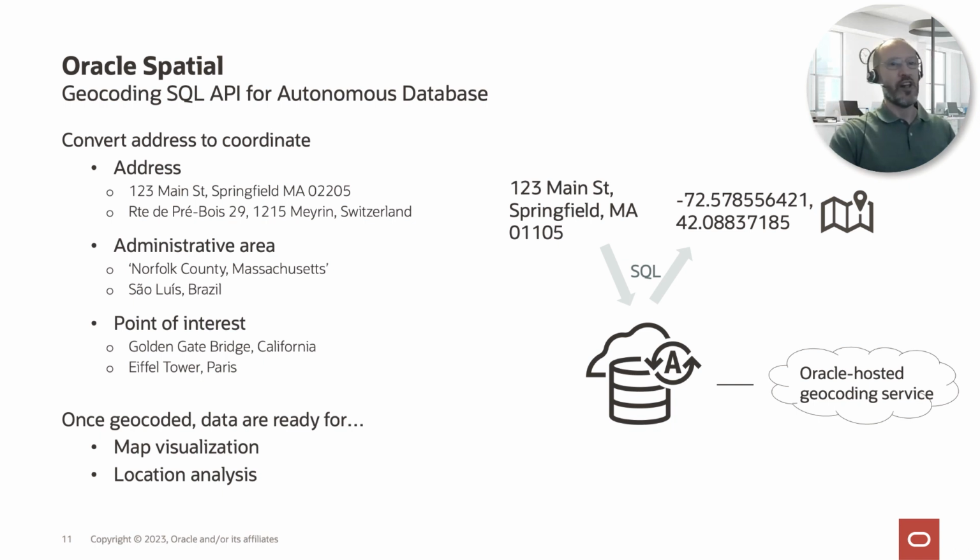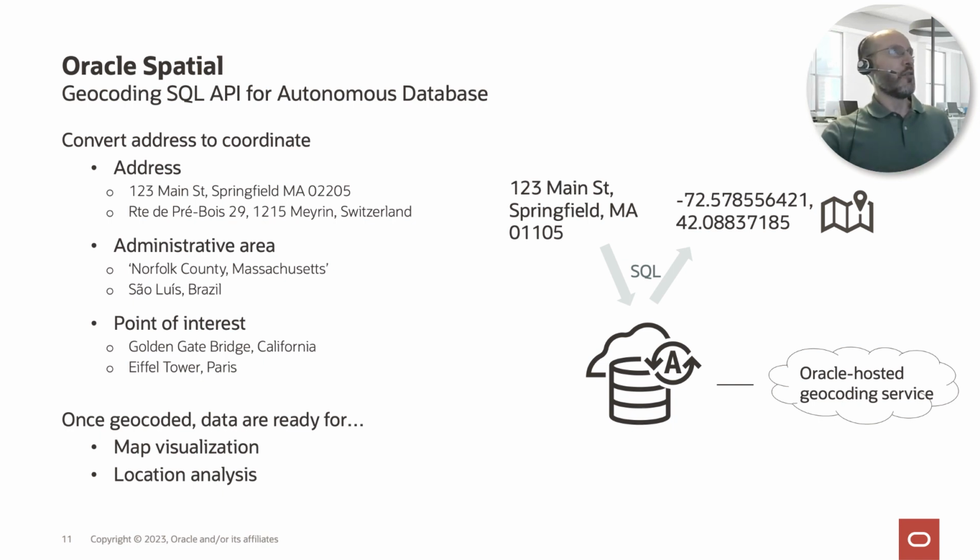You're oftentimes presented with data that refers to location in terms of addresses or place names, and you have to start with that and then get it into a spatial format where you can start to ask these spatial, location-based questions. Geocoding is probably the most common example of that. That's where you're taking addresses and place names and deriving the coordinate, the location of that address or place name. Once you have the coordinate, then you can create the geometries, and away you go with all the other things that I've been talking about.